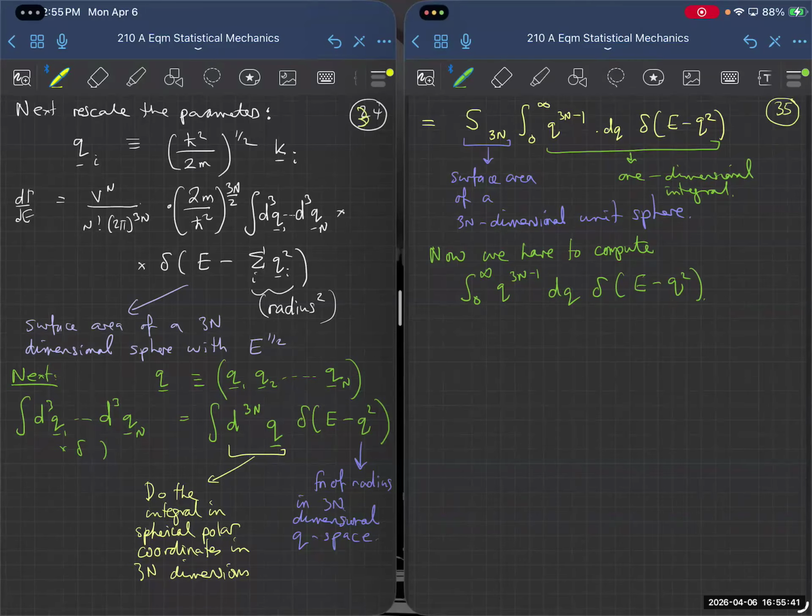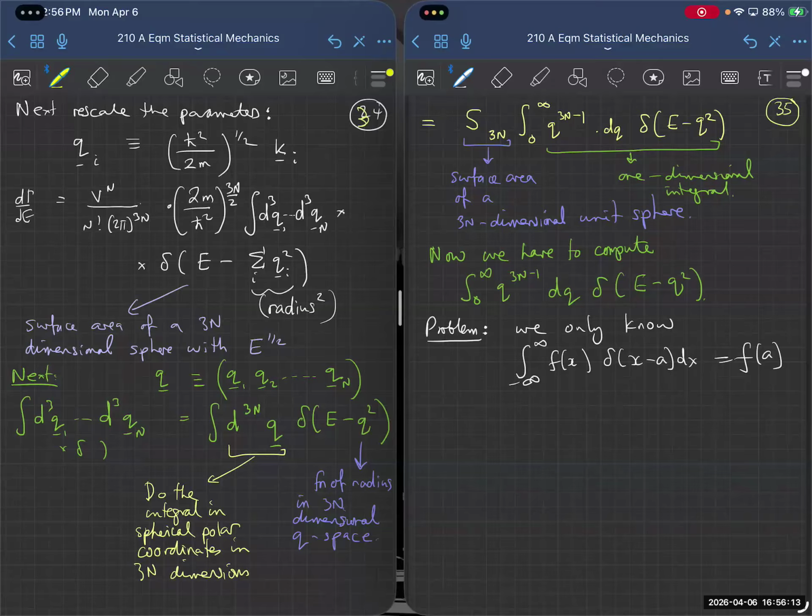Okay, the problem is that we only know that if I have an integral of f of x delta of x minus a dx, then that is equal to f of a.